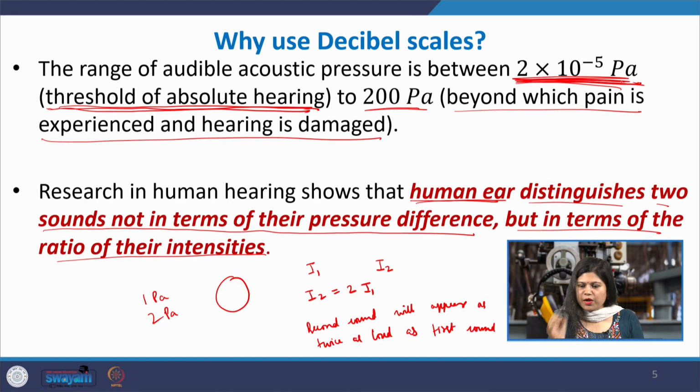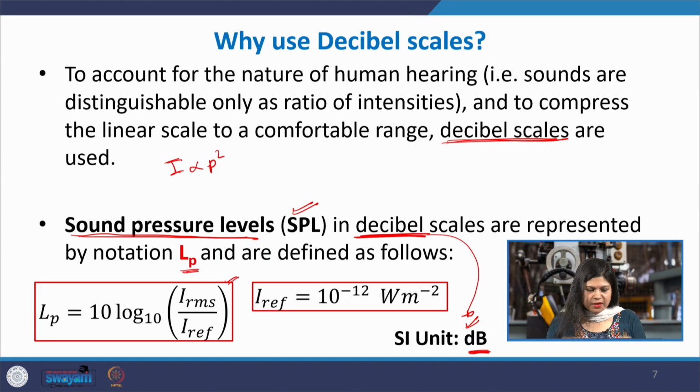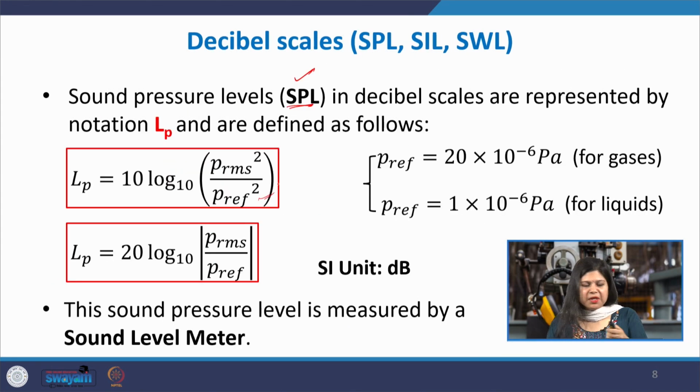P RMS is that of the given sound whose sound pressure level we want to measure. For most gases, including air, the P reference is 20 micropascals, whereas for liquids we have 1 micropascal.